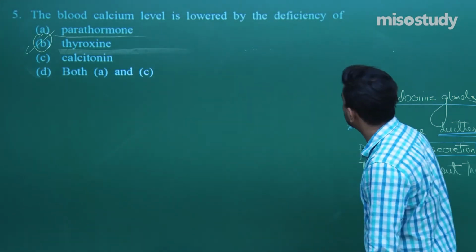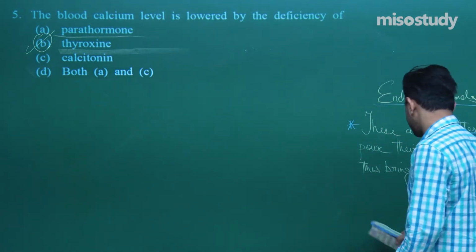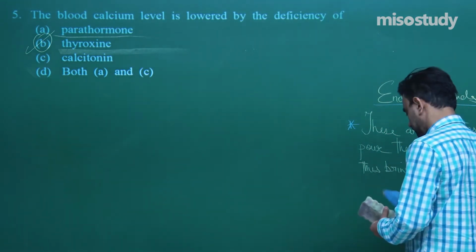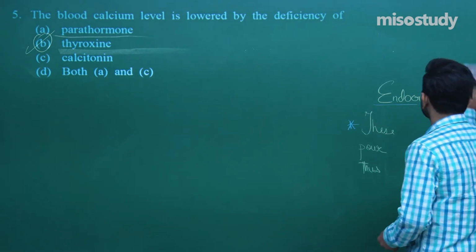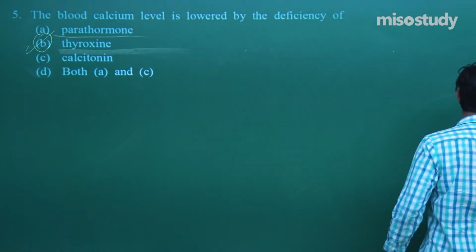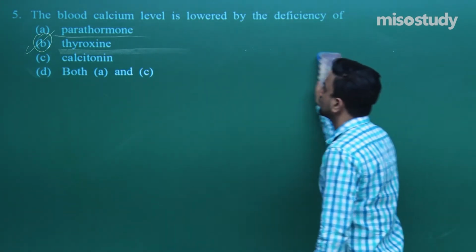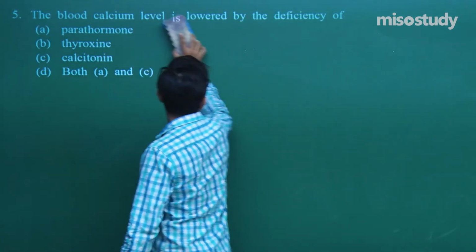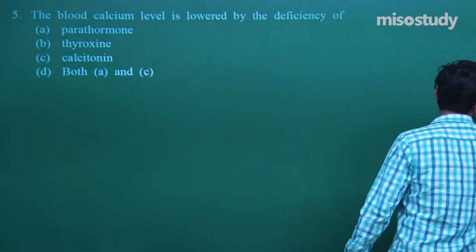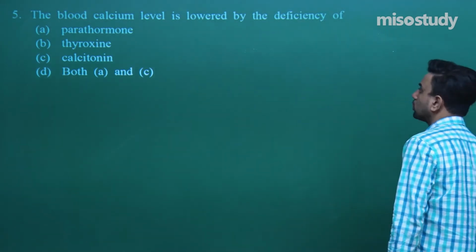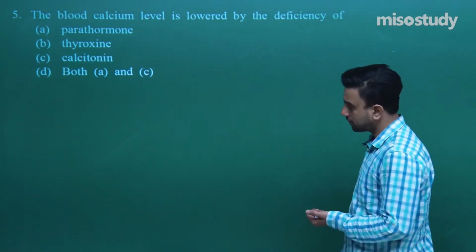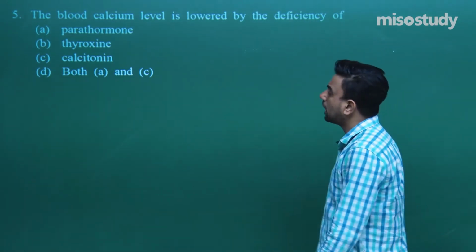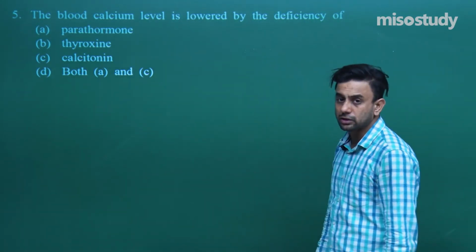The blood calcium level is lowered by the deficiency of... Now the correct answer for this would be parathormone, right?